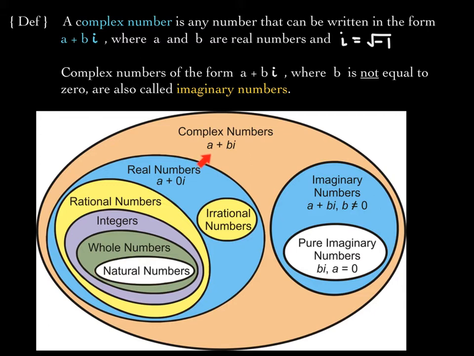Now, complex numbers of the form a plus bi are also called imaginary numbers. So a plus bi where b is not 0. So for example, numbers like 2 plus 3i is an imaginary number. 5 plus 4i is an imaginary number. 8 plus 2i is an imaginary number, right?